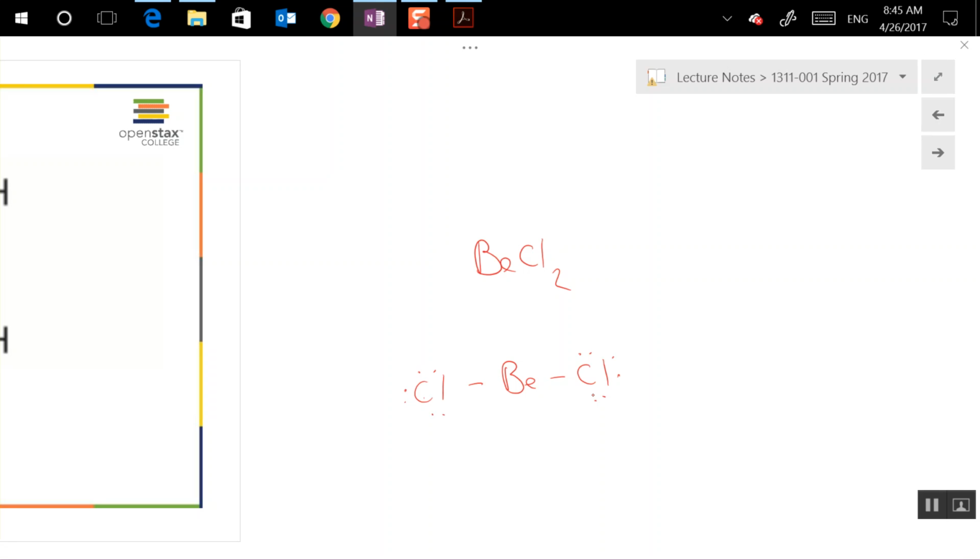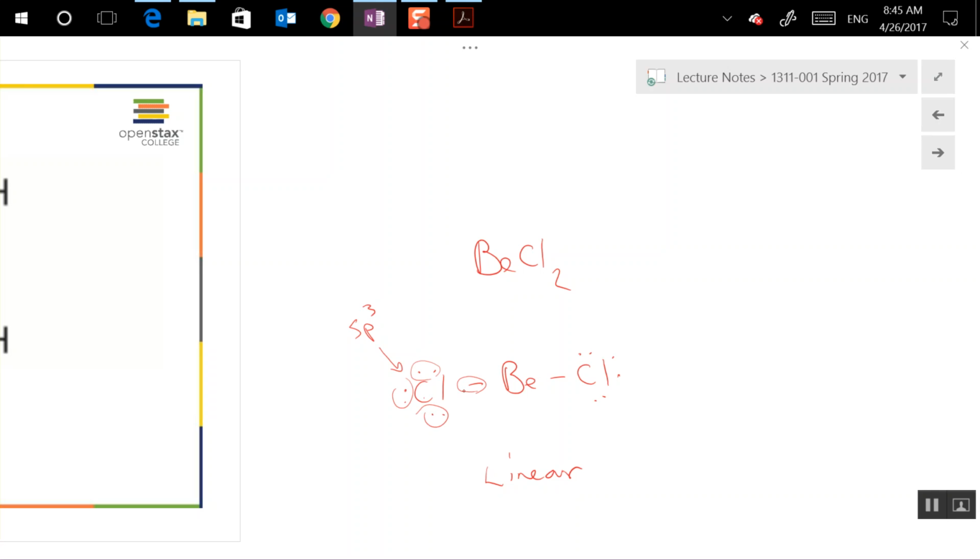Identify the molecular shape. What is the shape of this molecule? Linear. Okay? Determine the hybridization of each element. What's the hybridization of the chlorine? sp3. 1, 2, 3, and a sigma. That's 4 hybridized orbitals.